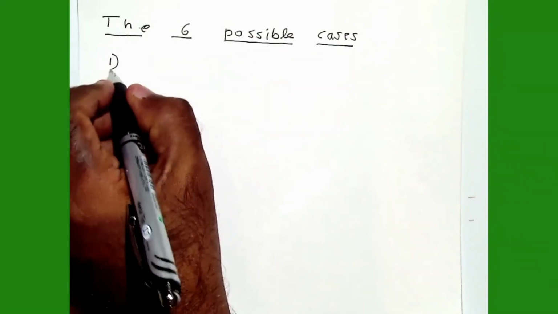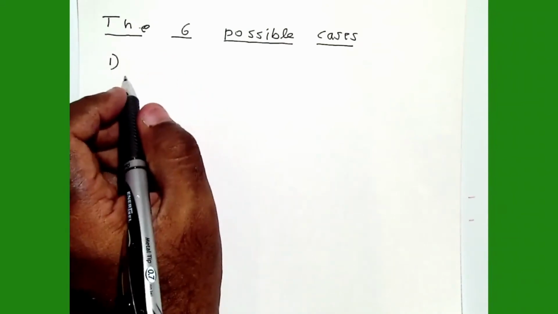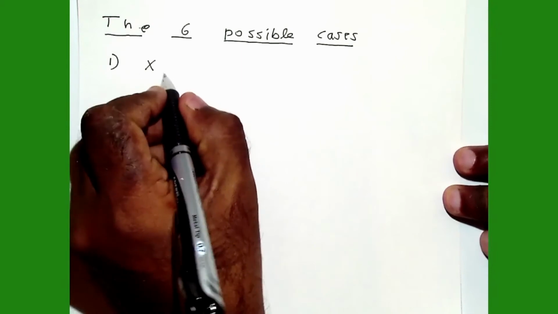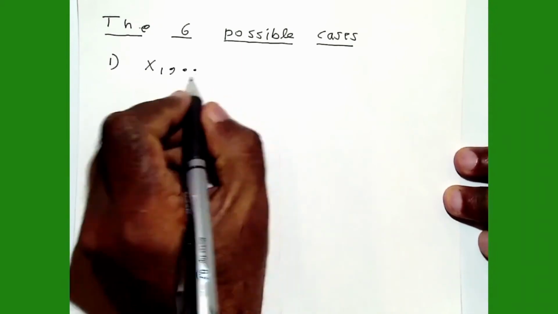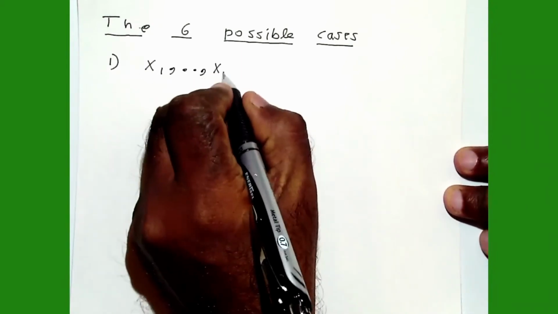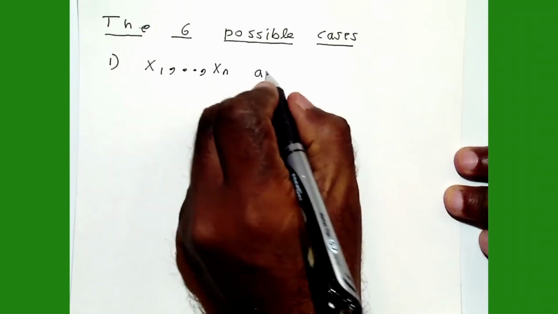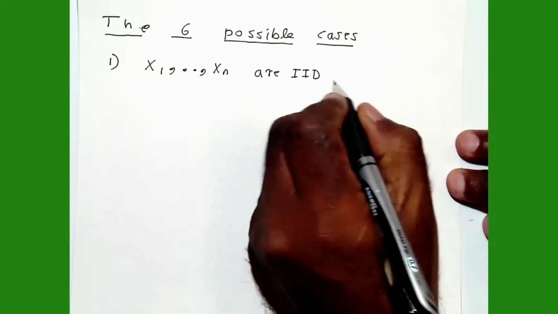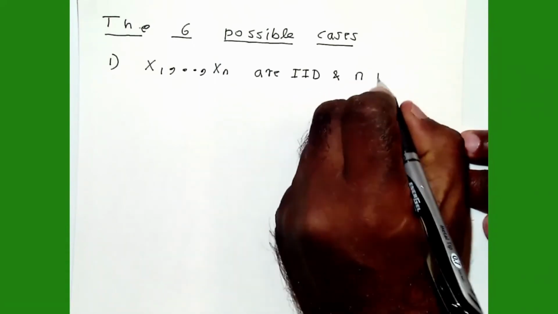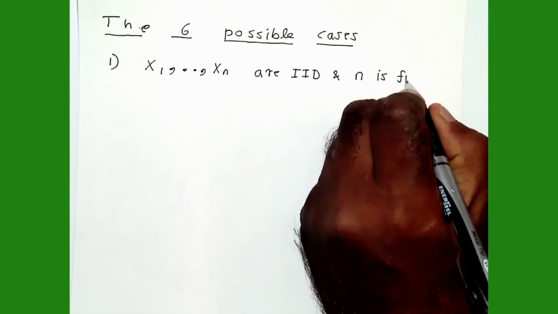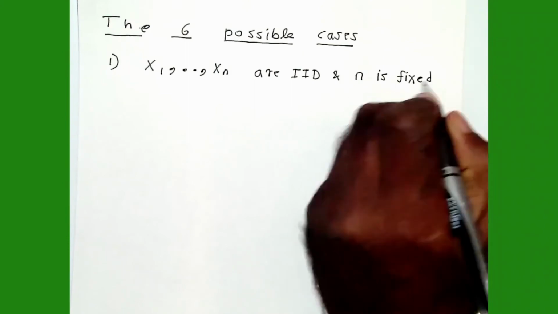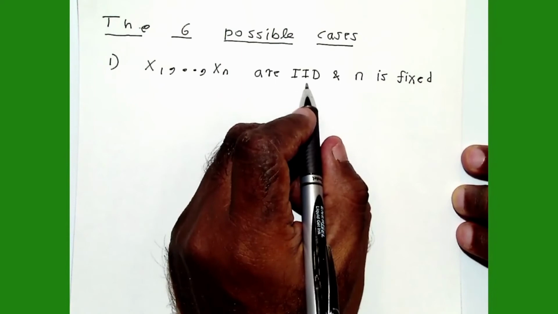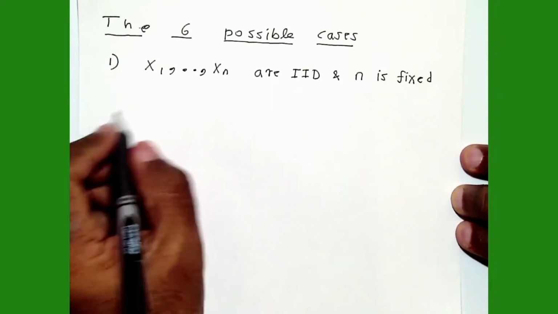Number one, you may suppose that the losses on the N investments are IID, and N is fixed. So IID, of course, means independent and identically distributed. That's case 1.